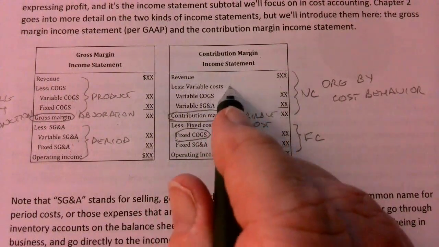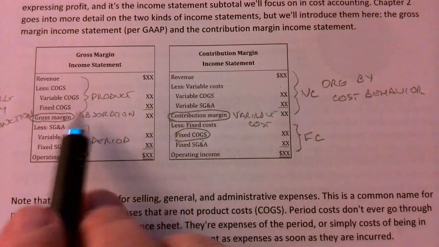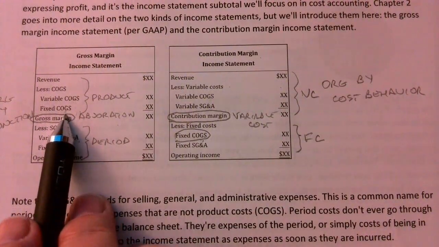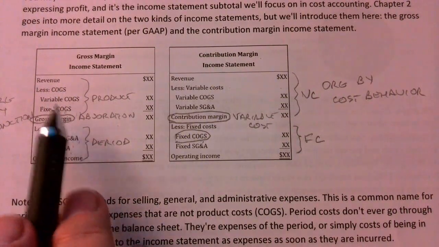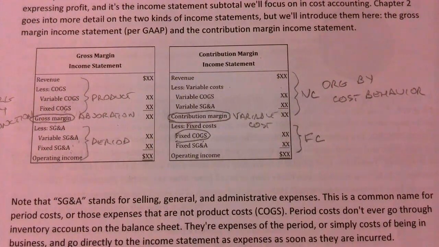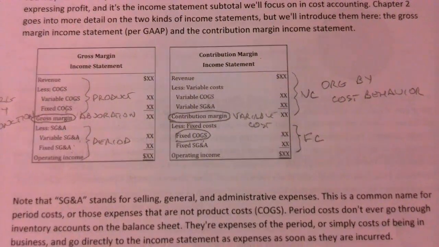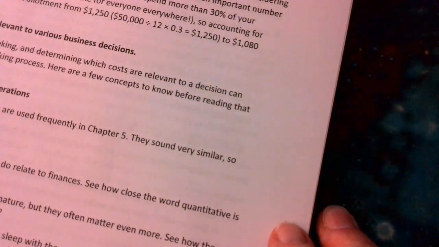On a contribution-based statement, this is deducted in full. Over here in the absorption-based statement, it's only deducted as far as it attaches to a unit of product. I think that's all I wanted to do right in here.